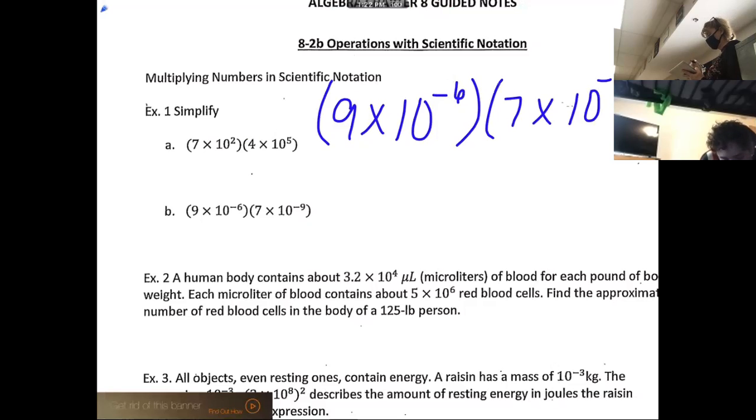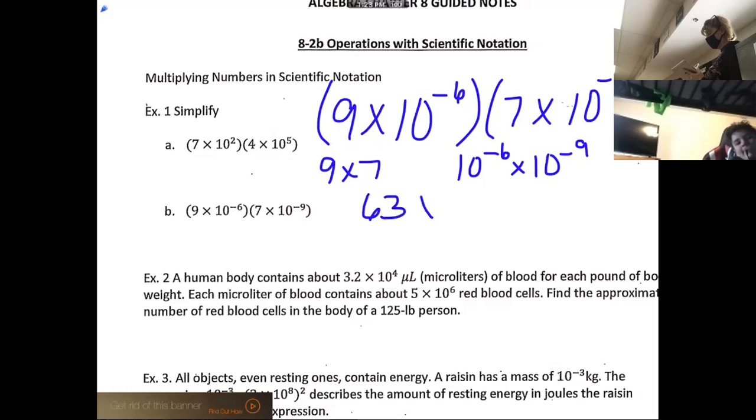You're going to want to put the tens together and then maybe multiply the 9 and the 7. Yep, we're going to multiply the 9 and the 7. That's going to be our number out front. All right, Dustin, what do we get from 9 times 7? 63.